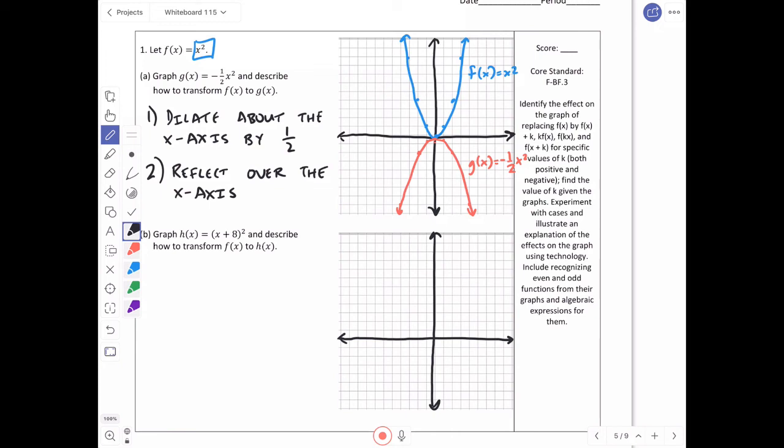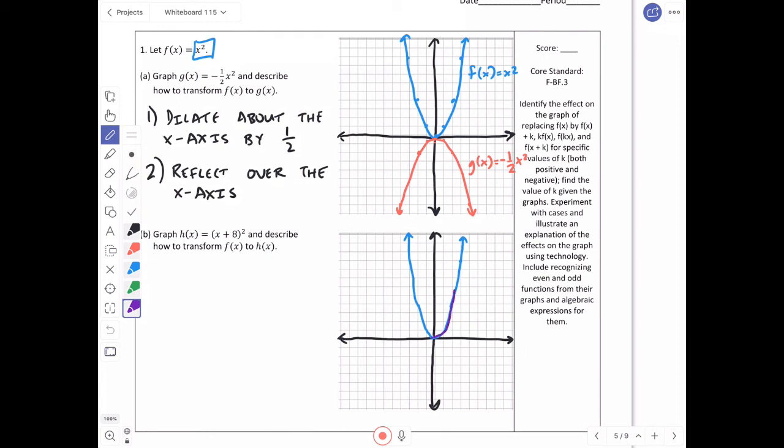And here we go on h of x. I'm still starting with the same blue graph of x squared. And then I need the same graph 8 spaces to the left.